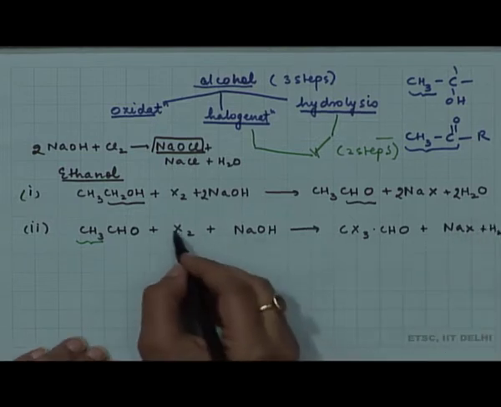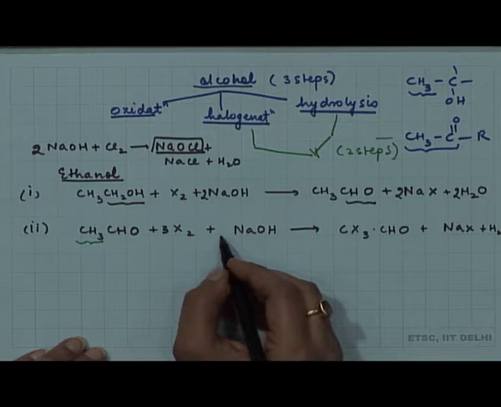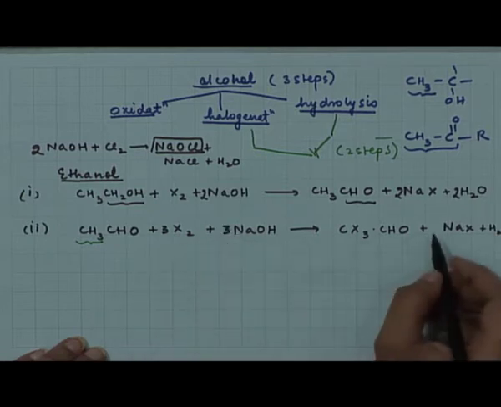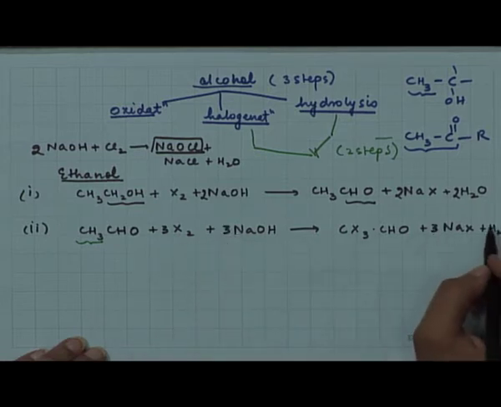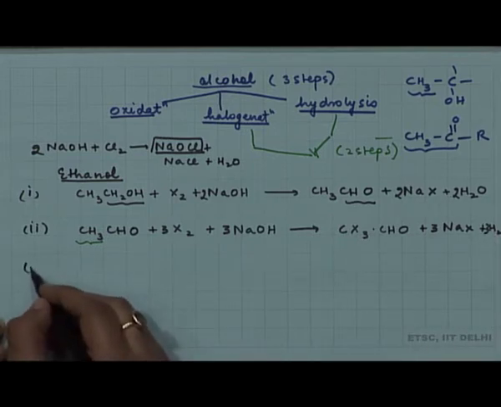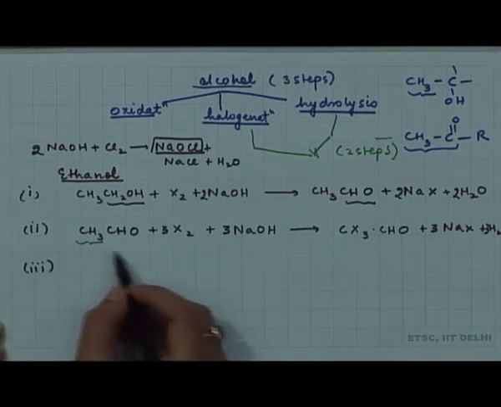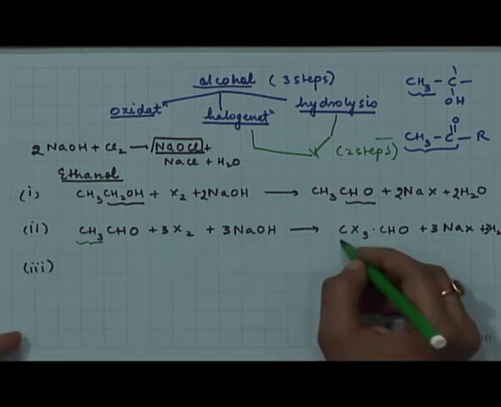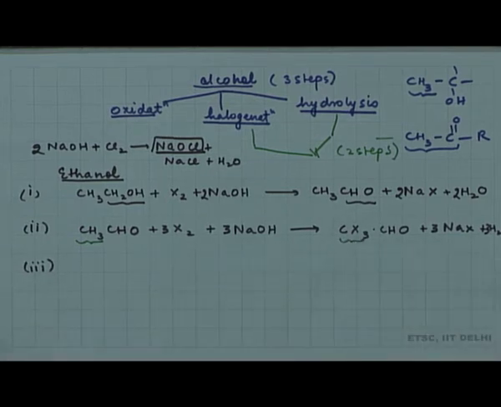So, if you balance this, you require 3 molecules of halogen, 3 of NaOH to give you 3 of sodium halide and 3 of water. This is the second step, which is the halogenation, involving complete halogenation of the alpha hydrogens.